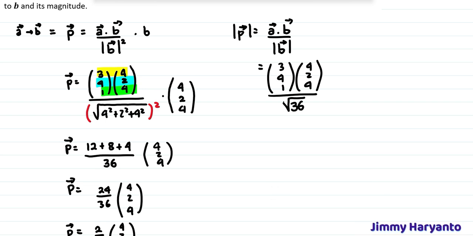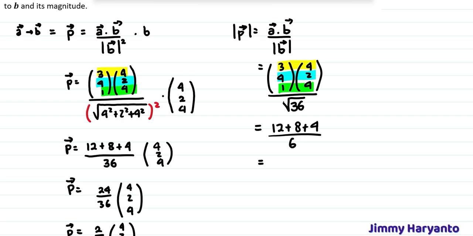Square root of 36 equals 6, and this one is 12, this one is 8, and that one is 4. So you have 12 plus 8 plus 4, we already calculated this also, over the square root of 36 equals 6. So this one will be 24 over 6 equals 4 units. So the length of vector P, or the projection, will be 4 units.